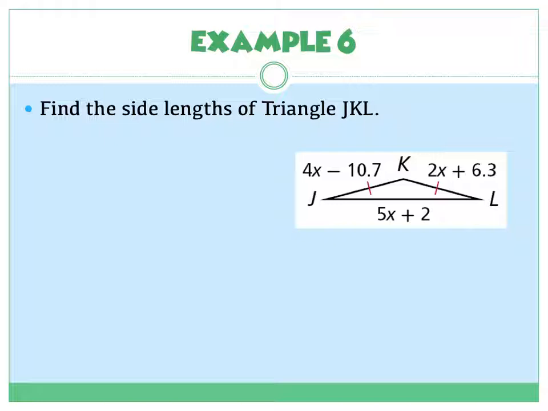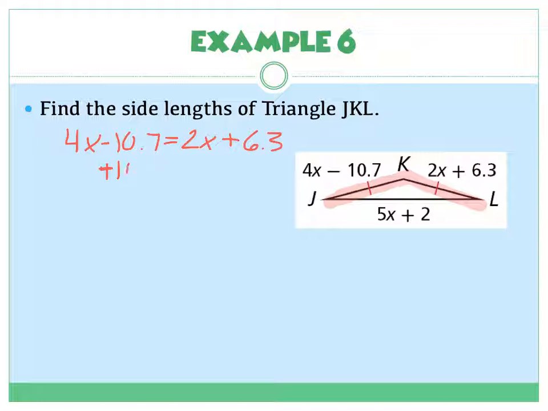Right, so we have to use the two sides that have the tick marks. So we know that JK is equal to KL. So we would do 4x minus 10.7 is equal to 2x plus 6.3. And now we solve for x.